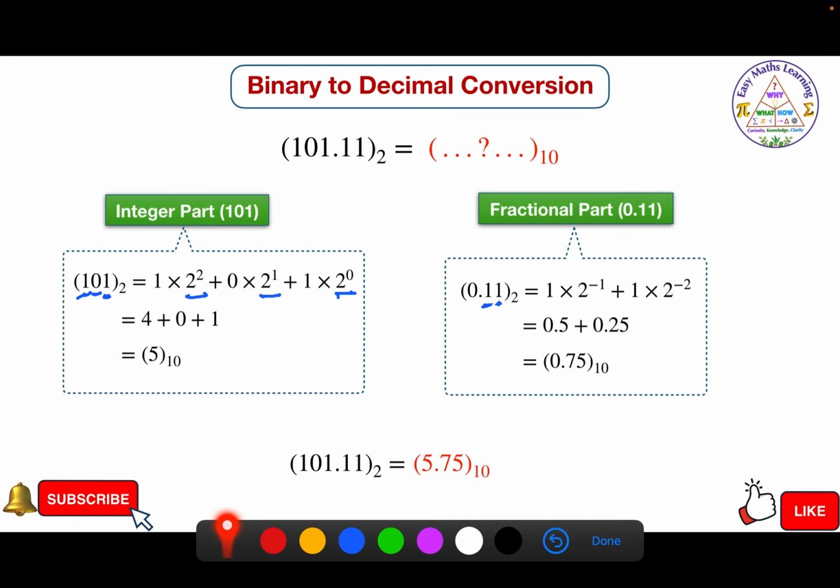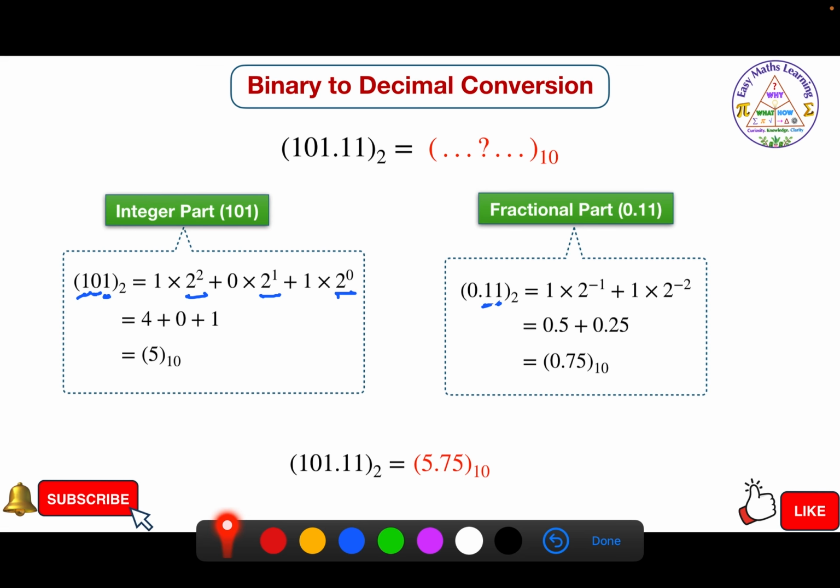Okay, now we add integer part and fractional part both. So for integer part we are getting decimal number which is 5, and for fractional part 0.11 it is converted to 0.75 in decimal form. So after adding both parts we are getting 5 integer part 0.75.